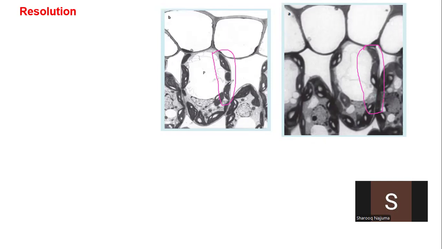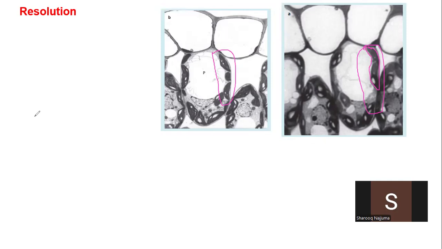Each is on its own individually. However, when you look at this micrograph, the microscope was showing you as if this structure is the same. But this microscope was able to show you the details that no, these are three different chloroplasts. However, here they are seen as one.